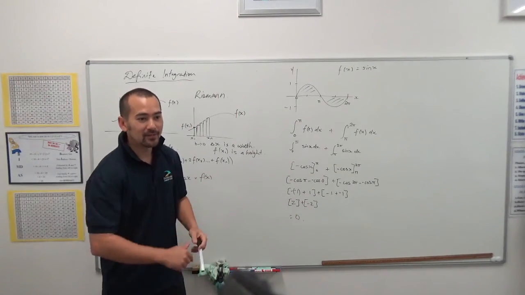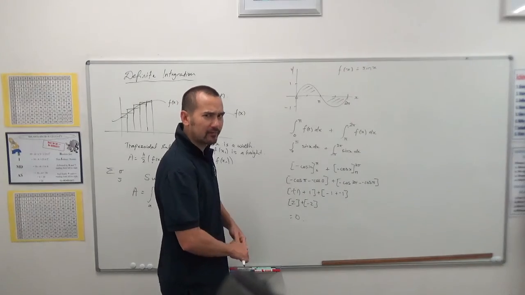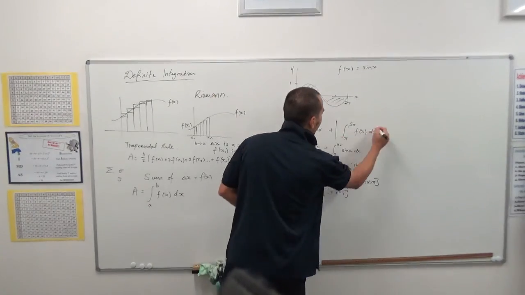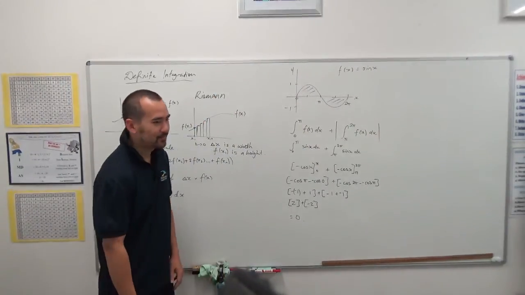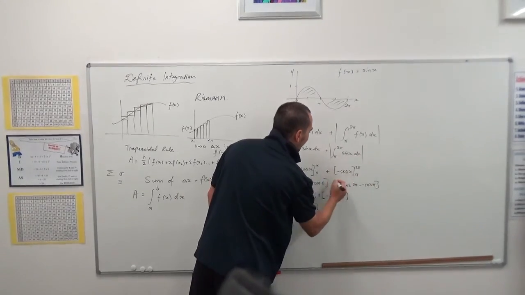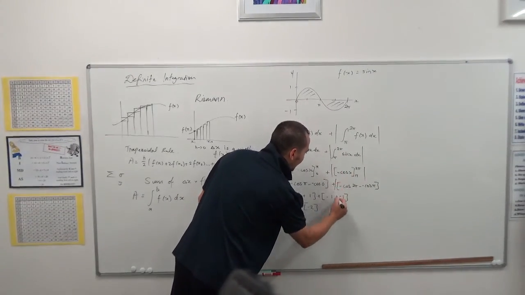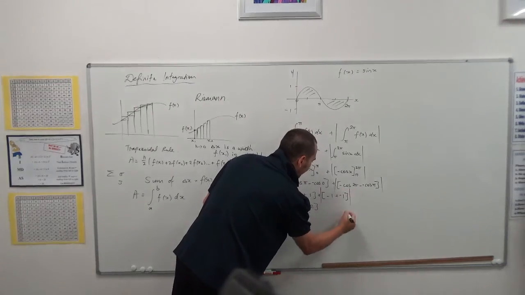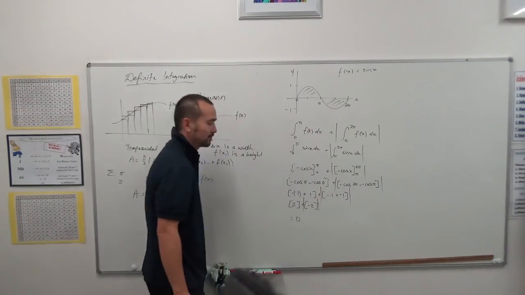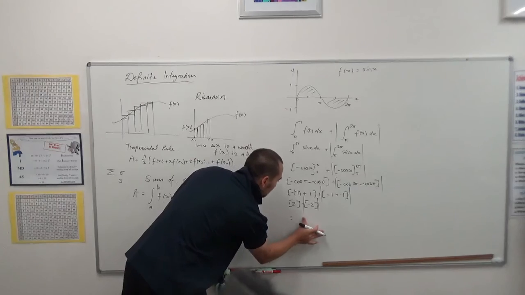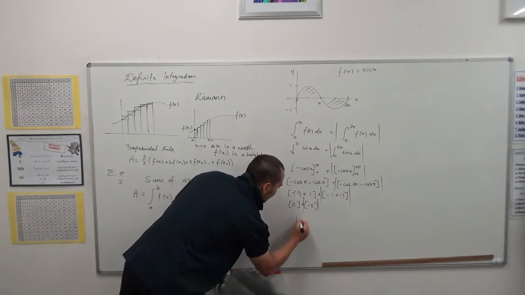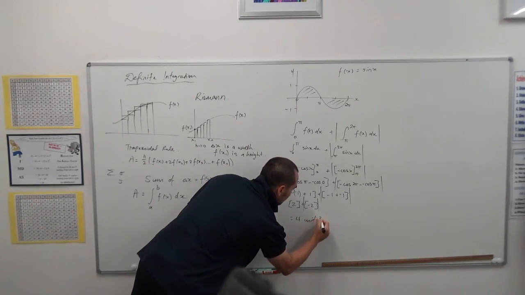So we have to use the absolute value. If we take the absolute value there, and here, and here, really we get 2 plus 2, which is 4 units squared.